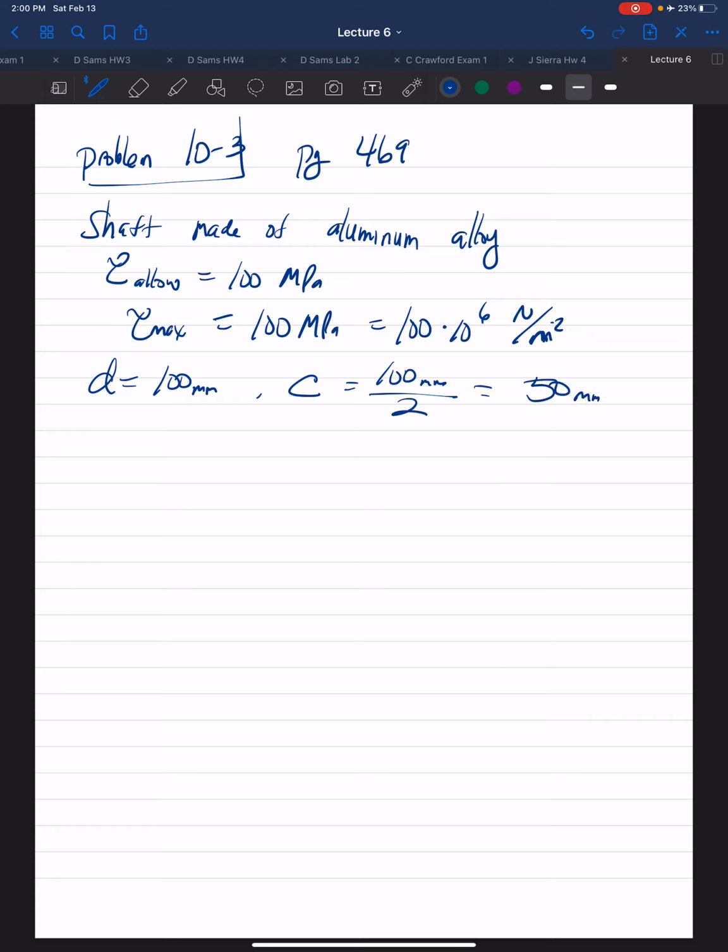So that's 50 millimeters, which is 0.05 meters. They want us to determine the maximum torque that can be transmitted. The maximum torque.